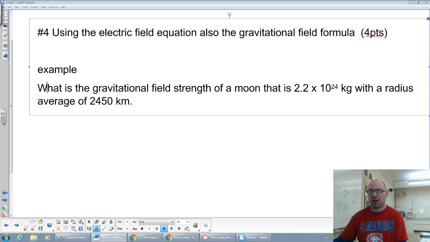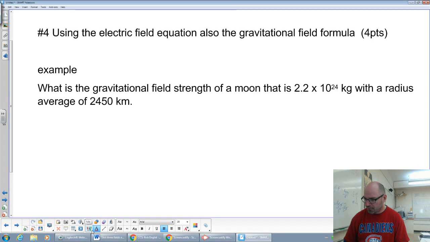The electric field one is KQ over R squared, if you remember from the beginning, and the gravitational one is capital G, that gravitational constant, times the mass of the planet over R squared, which is the radius. So let's do that one.